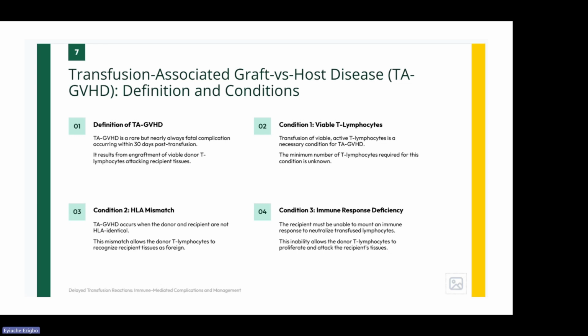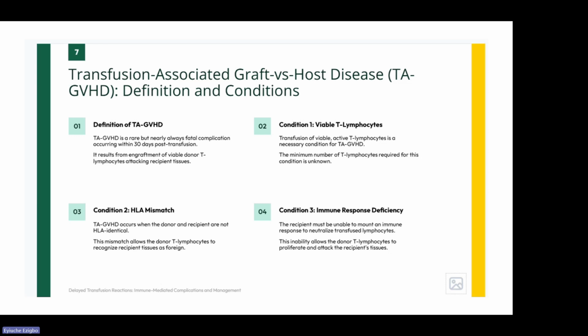Normally during blood transfusion, I always tell you that we don't screen for white cell antigens. Most of the time in our setting, we majorly screen for red cell antigens and antibodies.